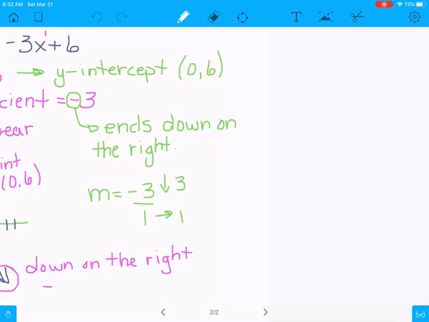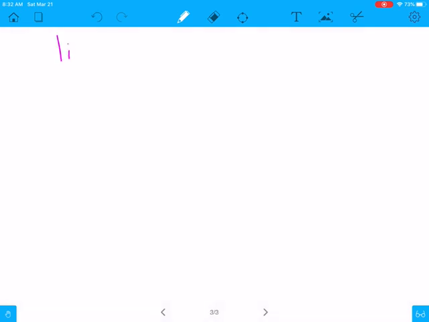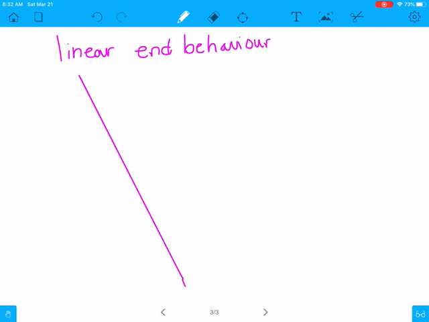To the next page. Linear end behavior. Oops, touch the screen. End in opposite directions.